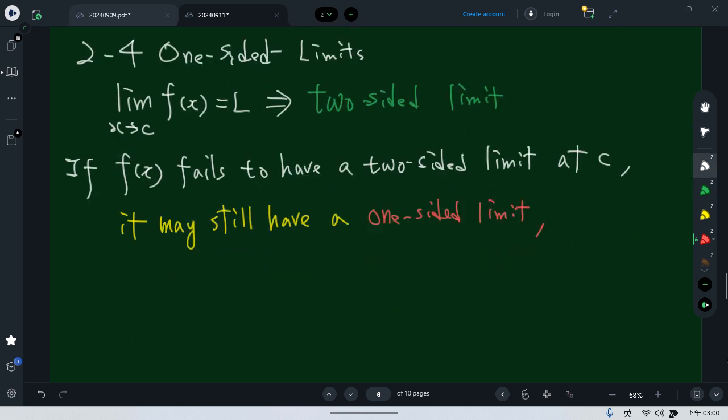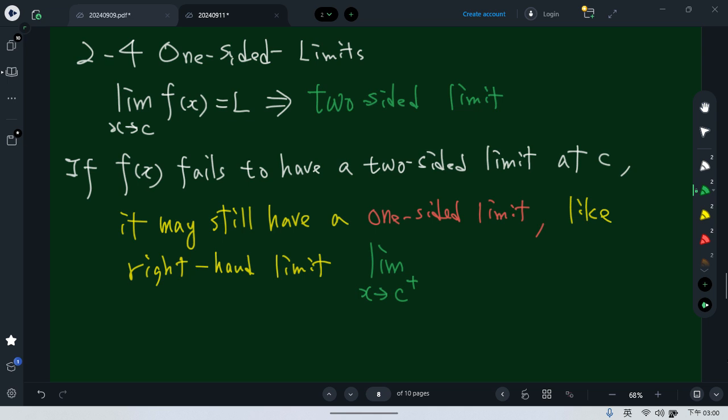One is the right-hand limit, like limit x is approaching c plus. C plus means a little bit more than c. Okay, so c plus means the right-hand side of c.